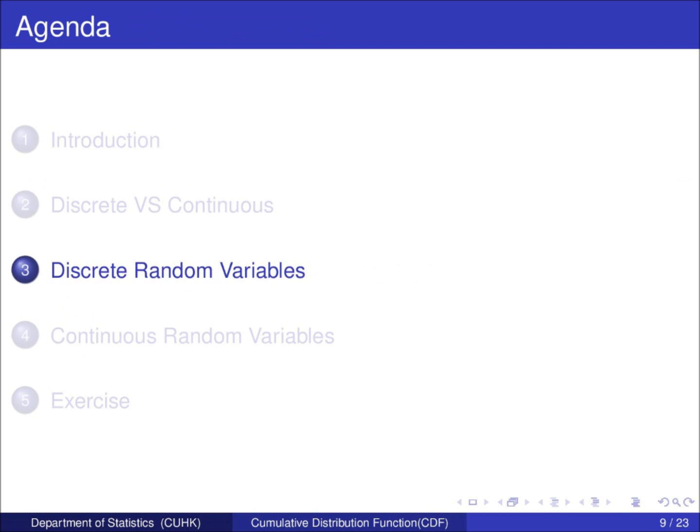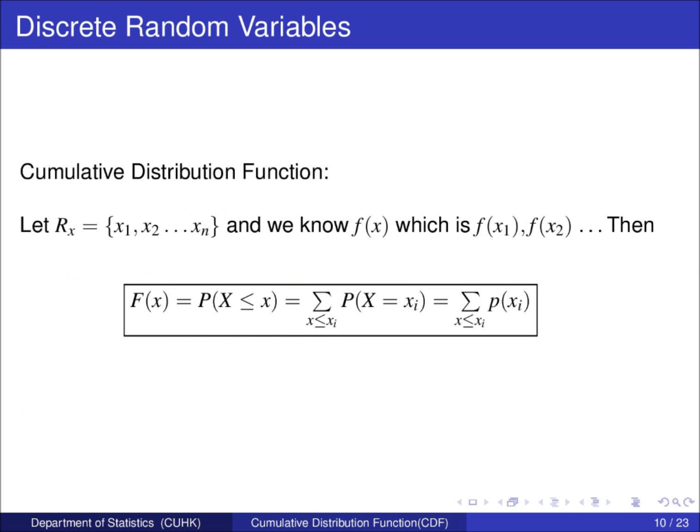Okay, then we'll move on to the first case, which is the CDF for a discrete random variable. We first let R_X be a set, and we use brackets to represent the set.